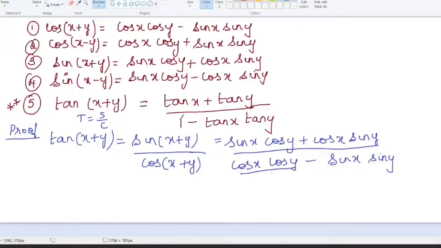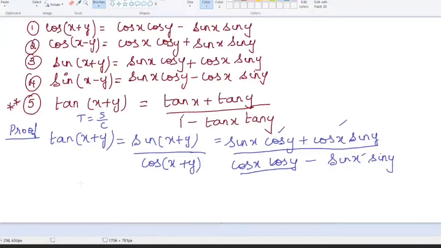Whenever you get such a question in terms of cos and sine, look at the denominator's first term. Divide every term, this term, this term, this term, as well as the fourth term, by cos x cos y.